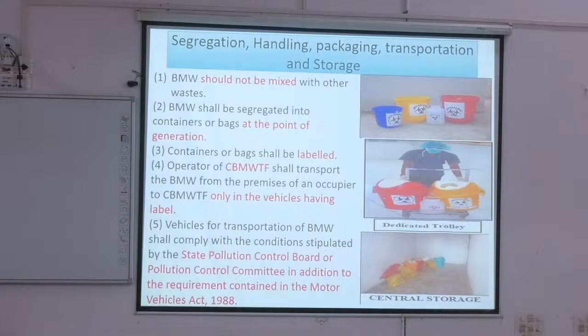People should know that waste will be carried through this route. When you are carrying, you have to take care that no accidental spillage happens, meaning your waste should not come out of your bins. After that, you have to store it in the common facility.